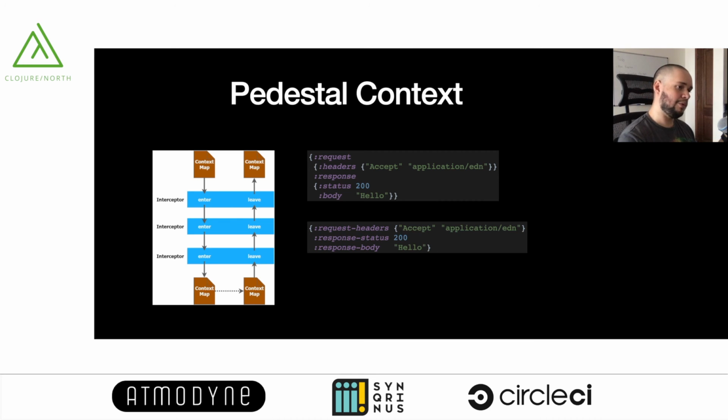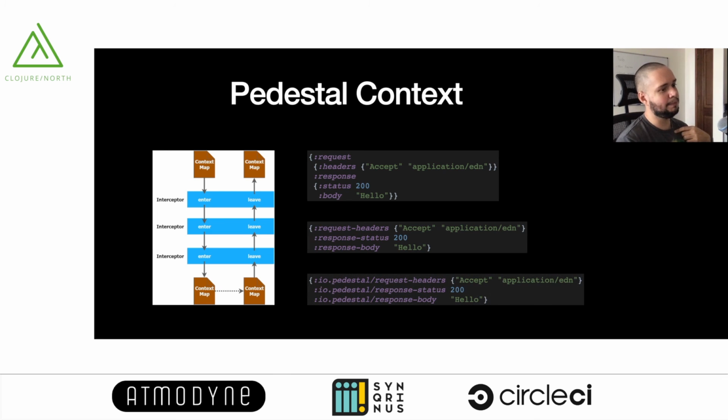But if you got request-headers as one keyword, you would know. And to me, in my opinion, this should even be bigger. So I know this is about Pedestal. If I read that and I understand what a Pedestal request header is, I got it. I don't need to guess. I can guess myself, like, oh, maybe this was written for a different library or something. So there is no guessing if you have the full names all the time.